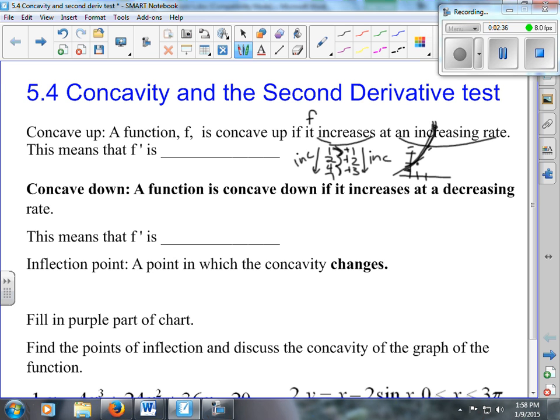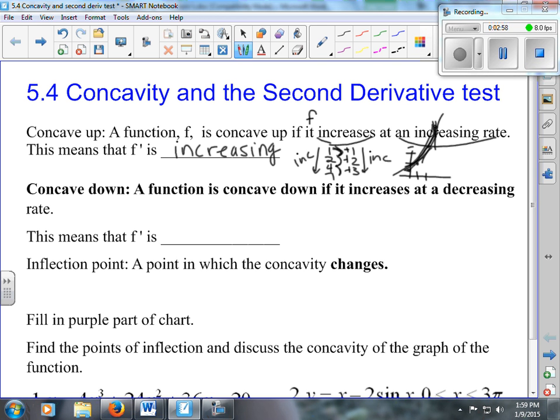Also, if you look at the slopes of the tangent lines, they are getting larger. So this means that f prime is increasing.